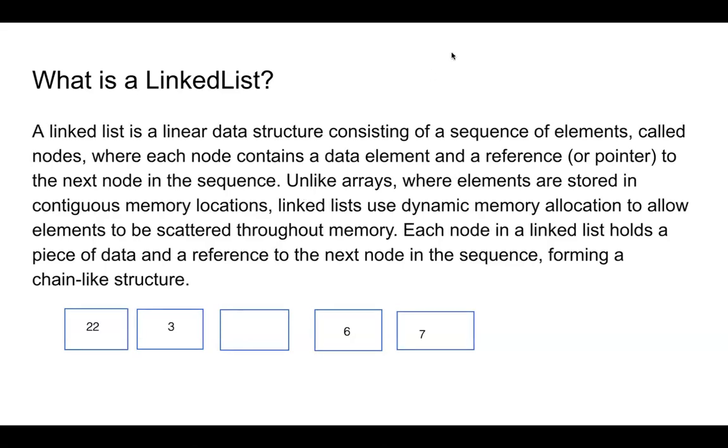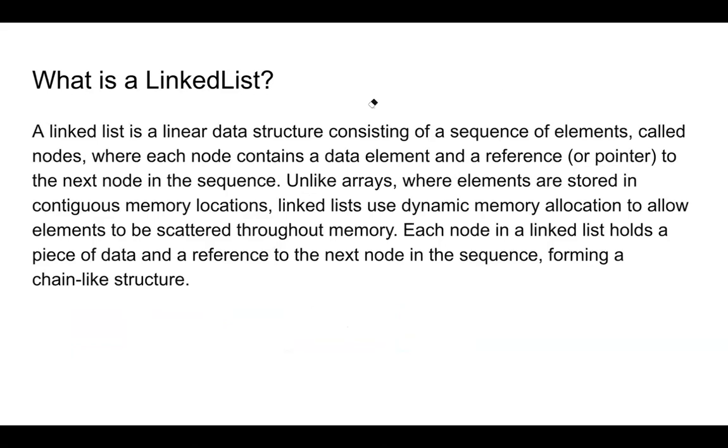So a linked list gives us an additional advantage where all this data is not really in a sequence when it's getting stored. Rather, it's getting stored dynamically in different parts of the memory, but all the data is chained into one sequence where each piece of data is within a node, and a node will contain the data and the pointer.